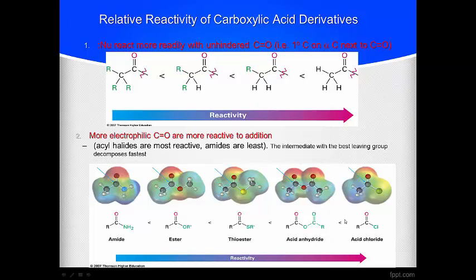Again, the more delta positive this carbonyl carbon is, the more likely it is to accept a nucleophile, so negatively charged species coming in.